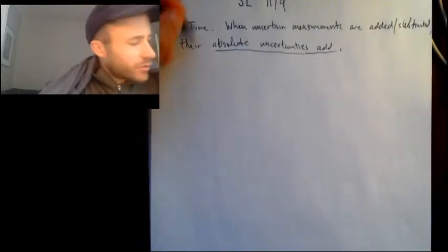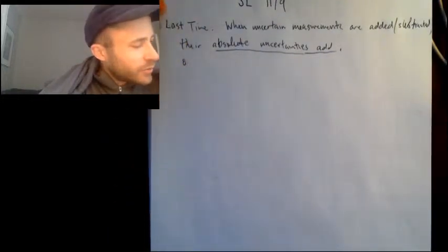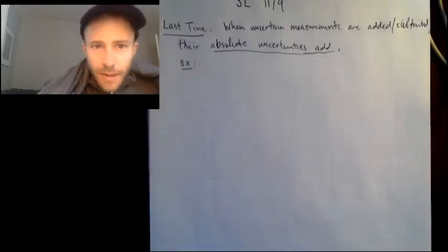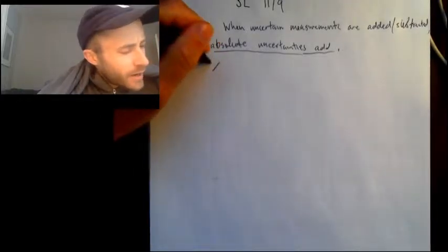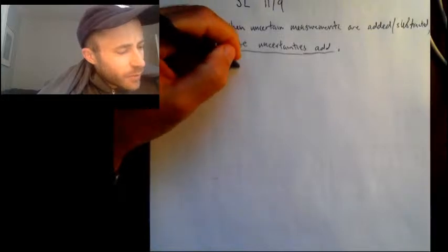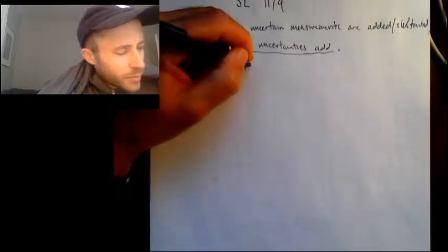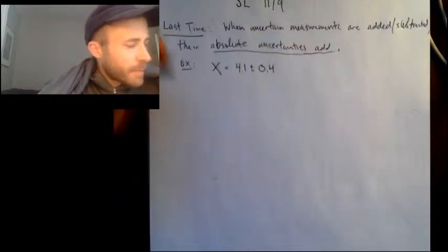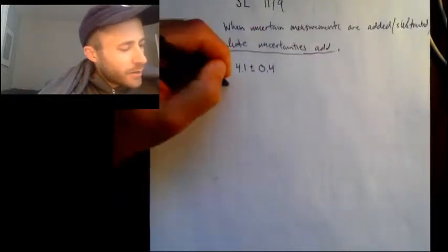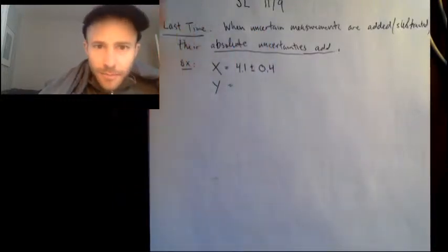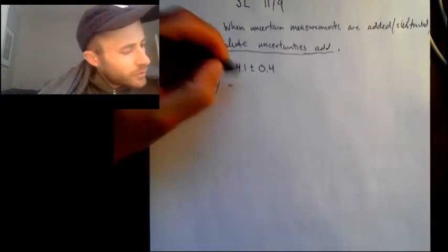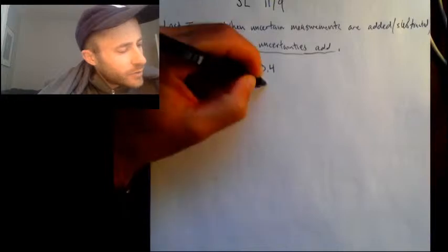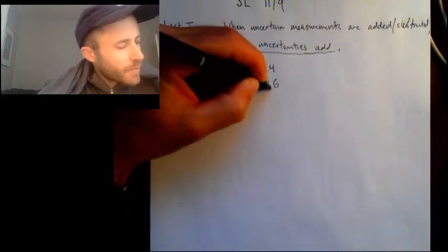So let's just do a really brief example just to remind you guys how that worked. So what if we had x equals 4.1 plus or minus 0.4, and then we have y equals, let's say 2.5 plus or minus 0.6.